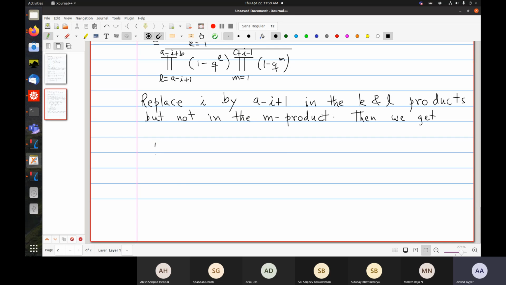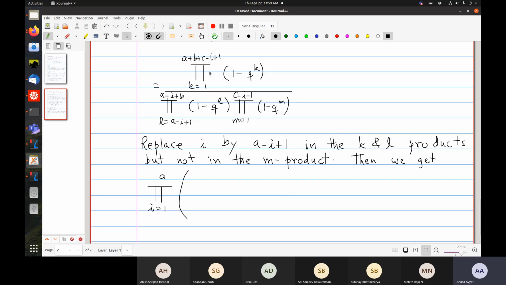So now I'm back to the whole thing. Product I equals 1 to a. When I do that, I will get product K equals 1 to b plus c plus I. So I've replaced I by a minus I plus 1.